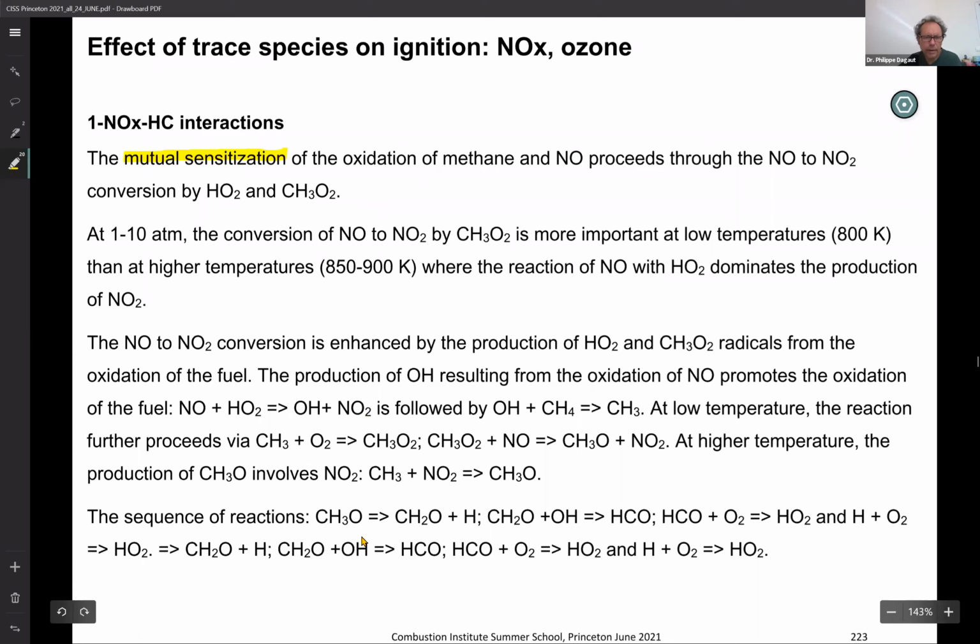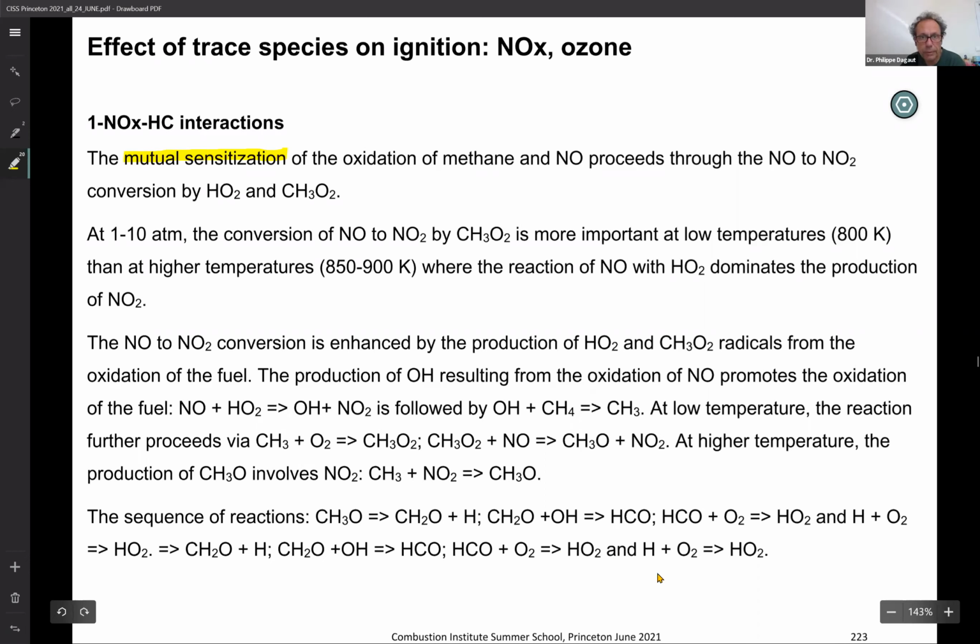So the sequence of reactions: CH3O giving CH2O plus H; CH2O plus H or OH giving HCO; and HCO plus O2 giving HO2, and H plus O2 giving HO2.